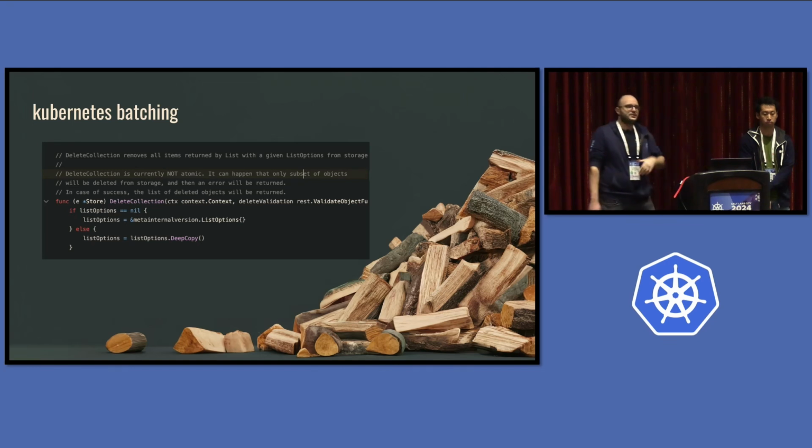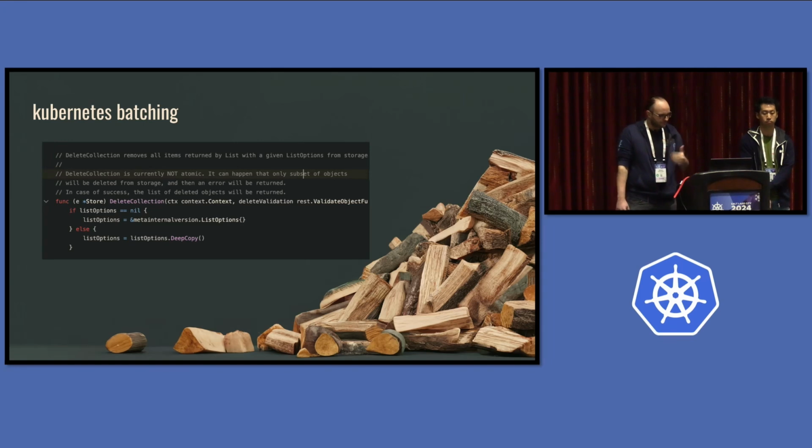But on Kubernetes, there is zero atomicity. So there is some support for batching, but this is just a promise, or a lie, that Kubernetes gives you: that you can do a batch delete of a collection, but underneath, really, this is handled by multiple independent transactions.